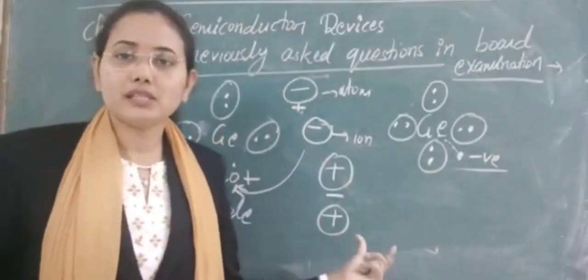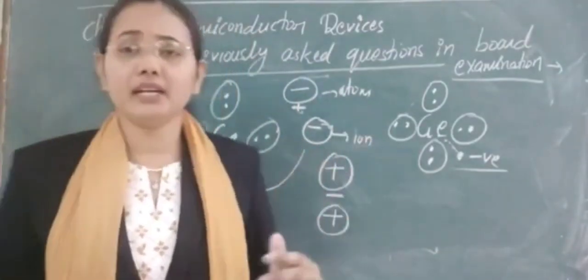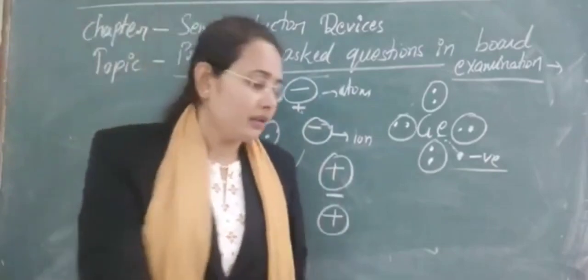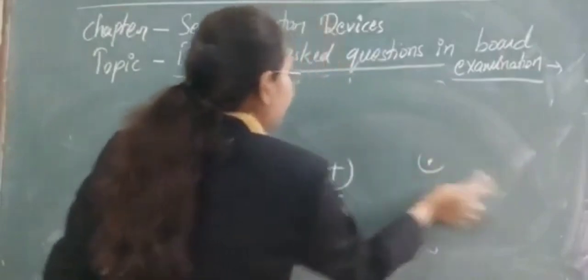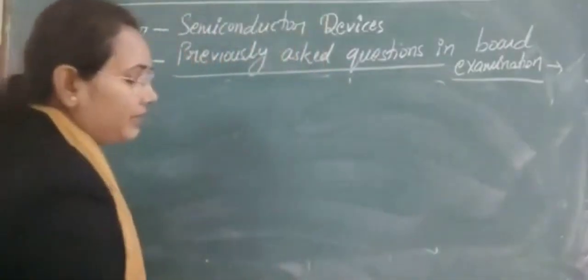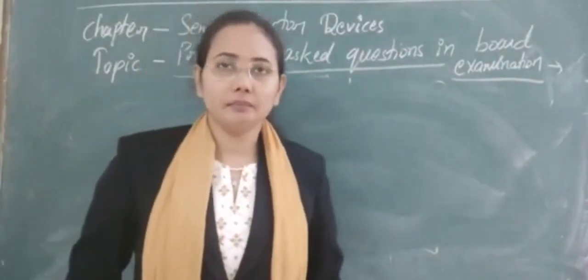So these are the symbols by which you can easily remember all the semiconductor materials. And these two semiconductor materials that we form by the doping process are called extrinsic semiconductor materials.